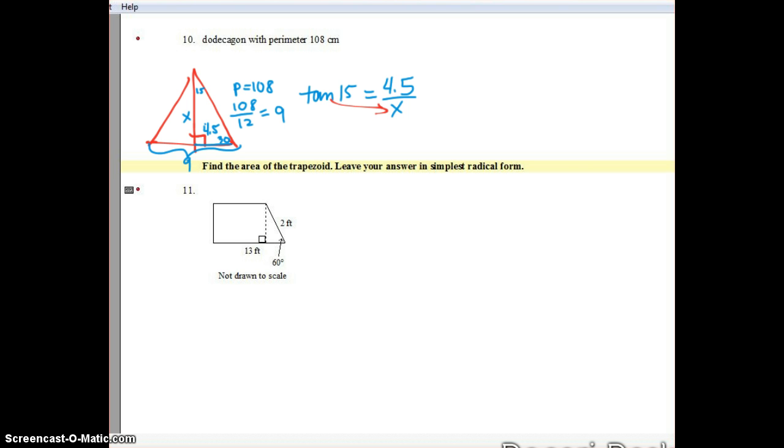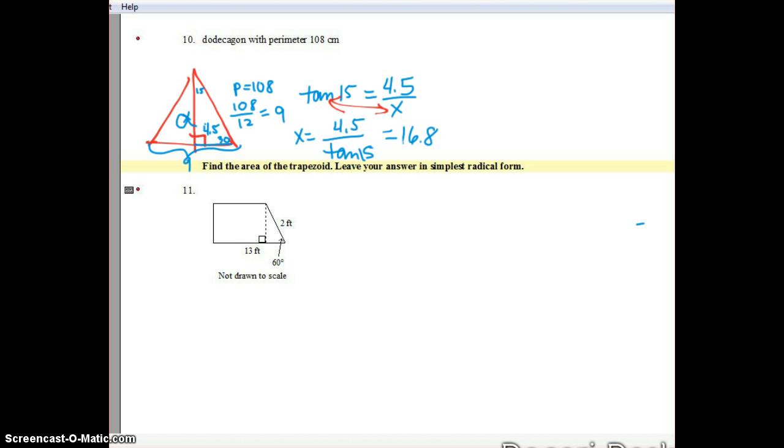And we're going to swap the tangent of 15 and x and have x equals 4.5 over the tangent of 15, and that will equal approximately 16.8. So that's going to be x, which is also our apothem.